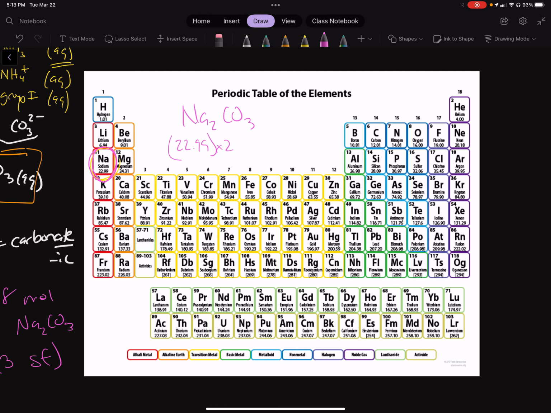And that's going to be times 2 since there are 2 sodium atoms in the formula. And then we'll have 1 carbon. And then we'll have 3 of the oxygen. And when you do that on your calculator, you should get about 105.99 grams per mole. The units of molar mass are always grams per mole.